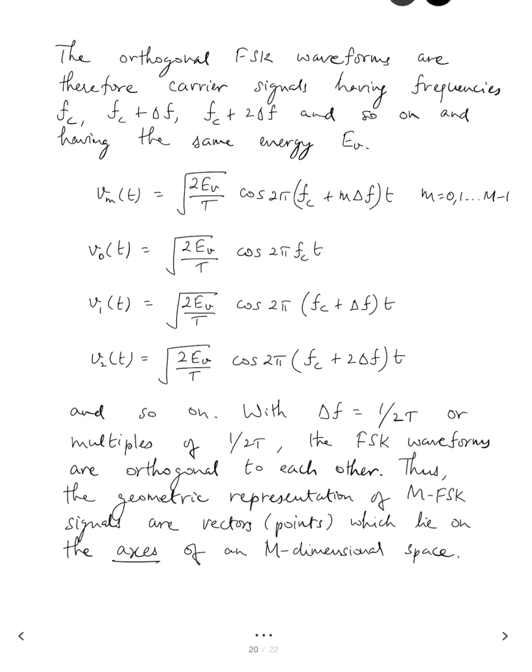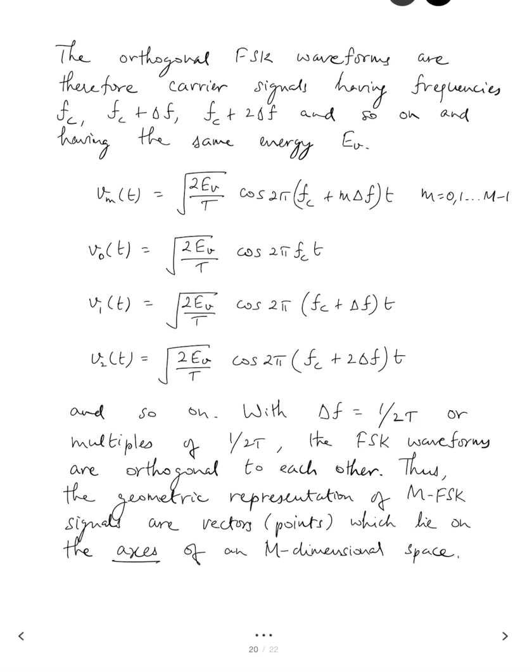But the interesting thing is that for orthogonality between fc and the second component, plus delta f, plus 2 delta f, this delta f should be 1 by 2t or some multiple of 1 by 2t. Only then will we have orthogonality.